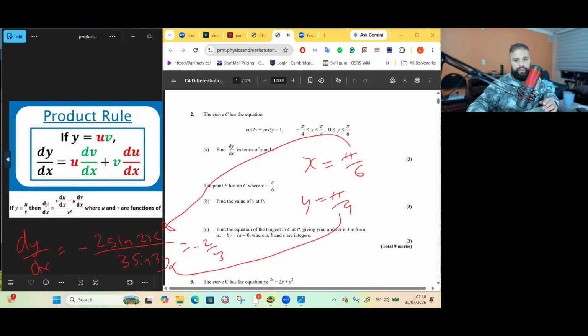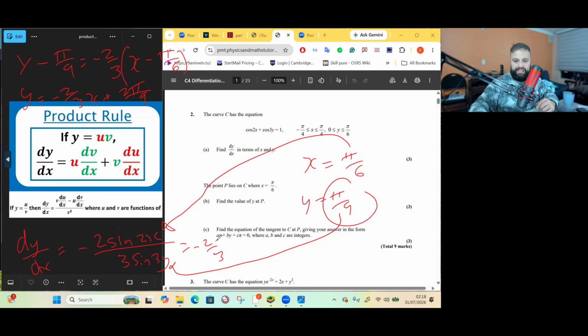So then what we have to do, y minus y1 is equal to m, which is in this case minus 2 over 3 times x minus pi over 6. Close the brackets. We multiply it all out, and we get y equals minus 2 over 3 x plus 2 pi over 9.